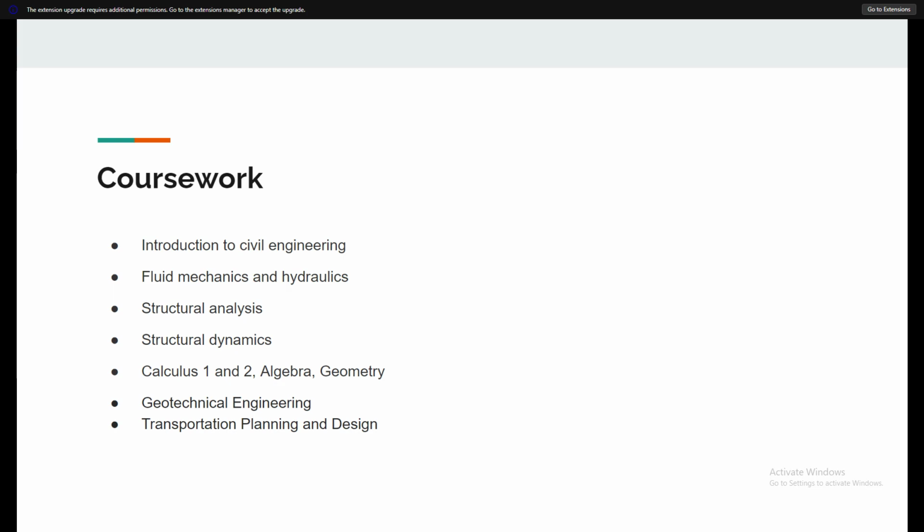And also algebra and geometry are pretty essential to civil engineering. Some courses you can take if you want to specialize in certain types of civil engineering, such as geotechnical and transportation, are geotechnical engineering and transportation planning and design, which are offered as electives.